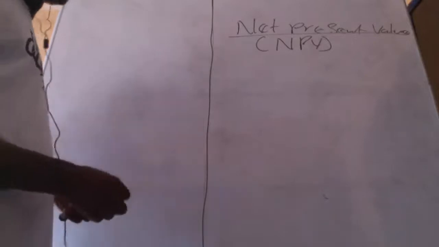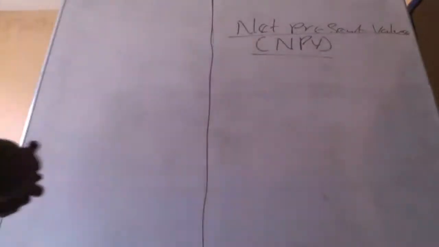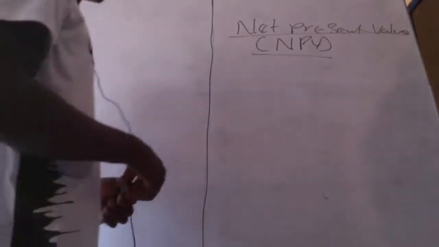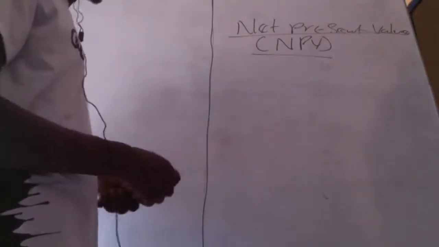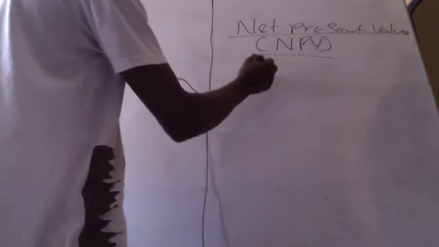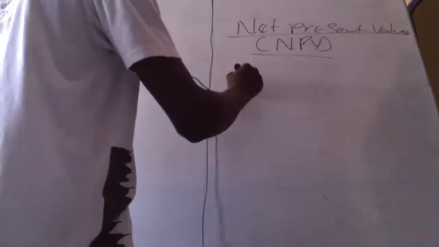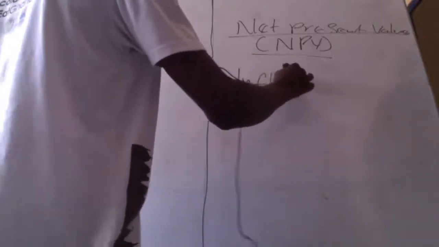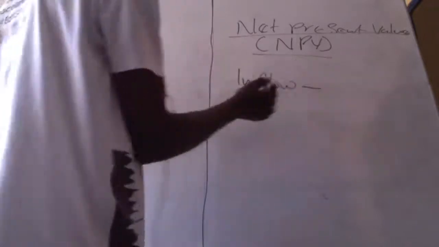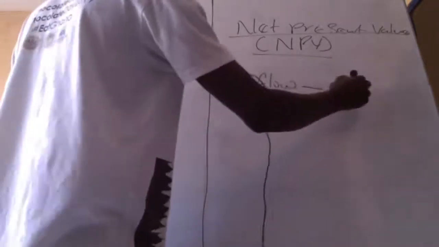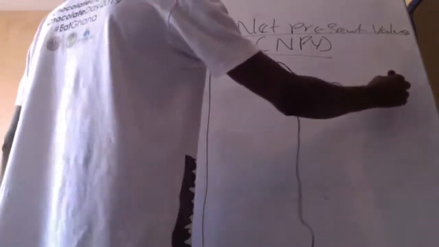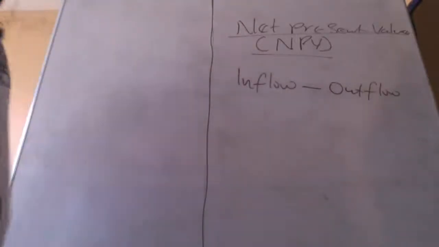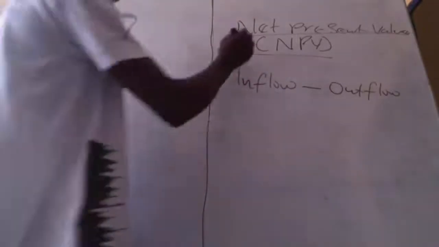Now, let's just explain. Net means we are subtracting something from something. So it means that we are lessening the outflow from where? Inflow. So inflow less outflow, cash outflow. So that's the meaning of the word net.